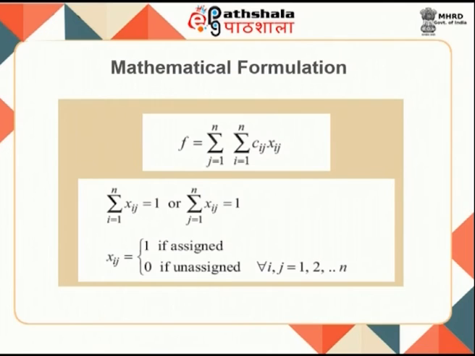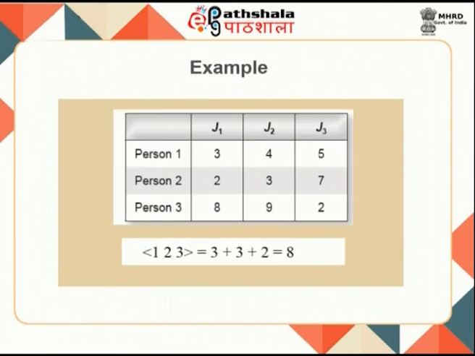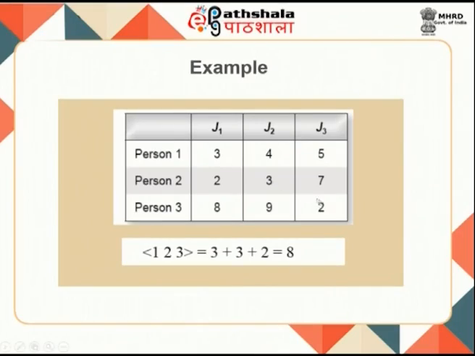Similarly, you have the assignment problem where you have to assign a job to a worker, and that involves some sort of cost. For example, let us say there are 3 persons and 3 jobs, and if jobs 1 to 3 are allotted to these 3 persons, then I will get a profit of 3 plus 3 plus 2.